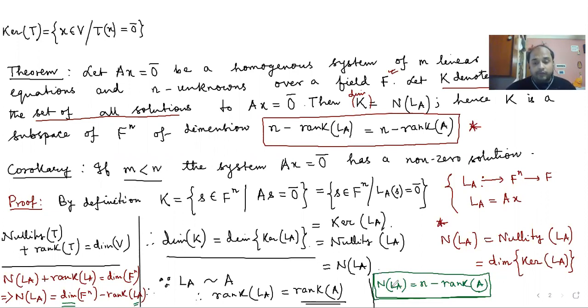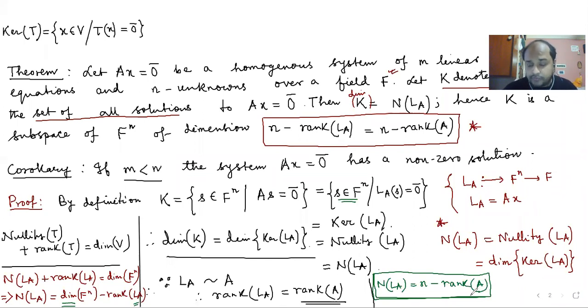So n of LA contains all such elements which are the solutions of the system. How many solutions there are, that is the nullity, and you can find the number of solutions satisfying the equation Ax equal to 0 bar by this formula. So we have the matrix capital A with us. Let's find the rank.